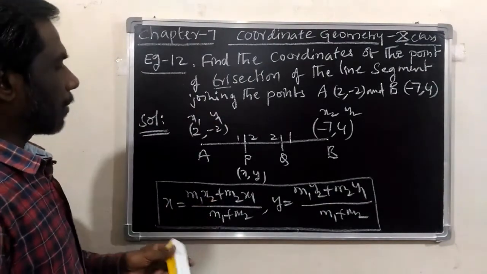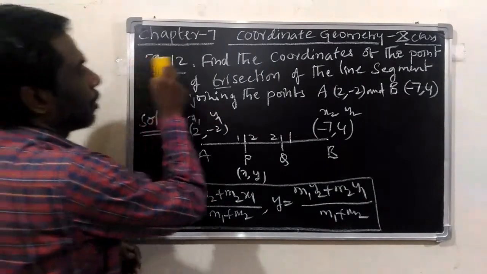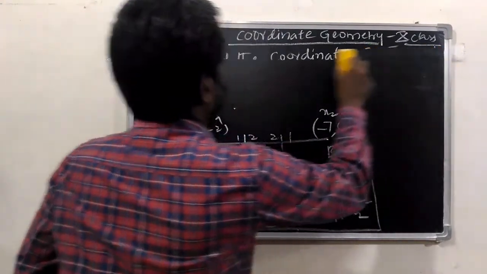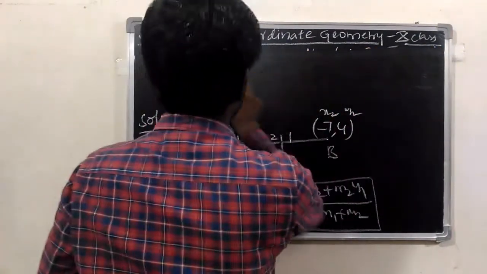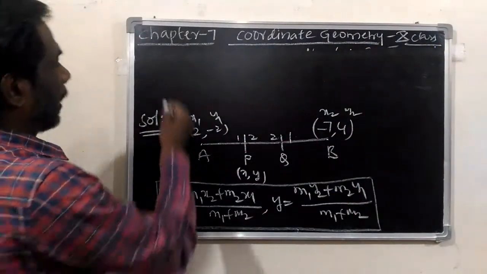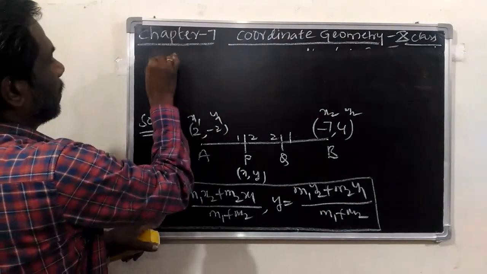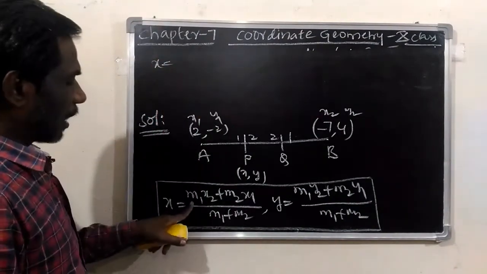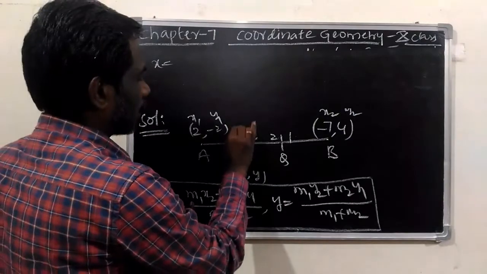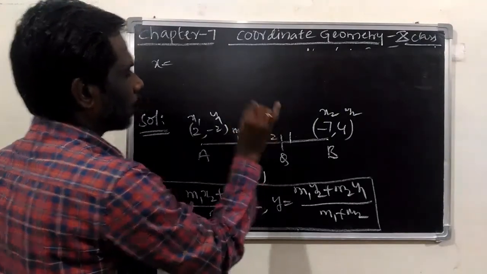In this formula we want to substitute these points. This is m1 and this is m2.